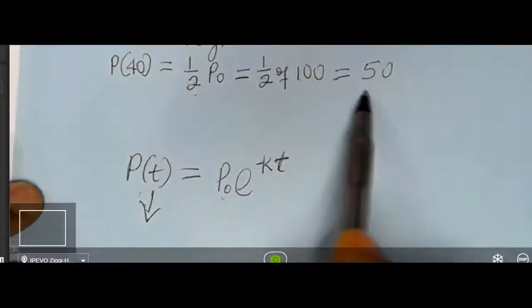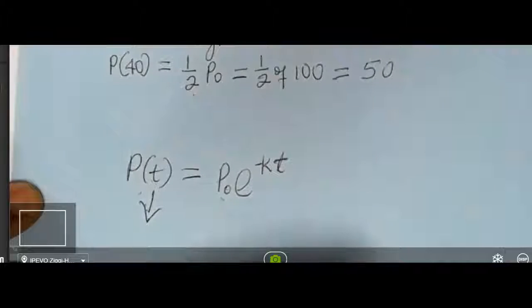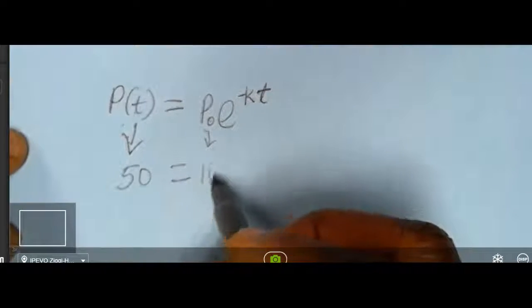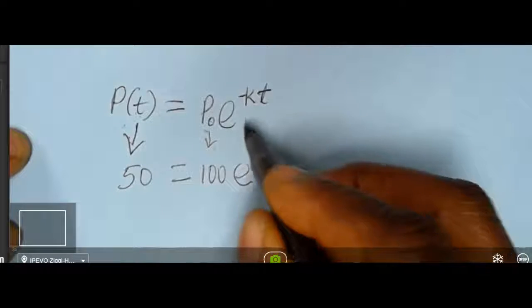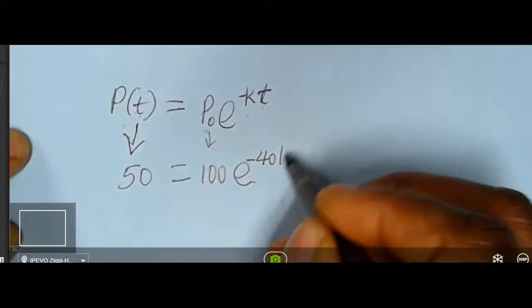So you can put the number there. So 1/2 of P0 when time is 40 is 50, equals, okay, the P0 100, then E to the power, we are looking for T is 40, so it's negative 40K.